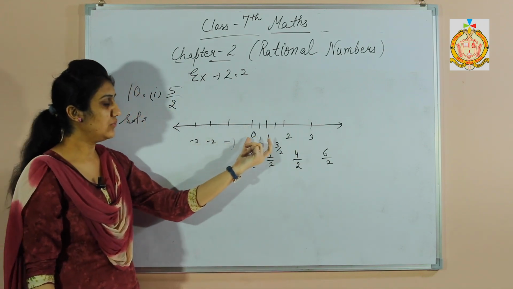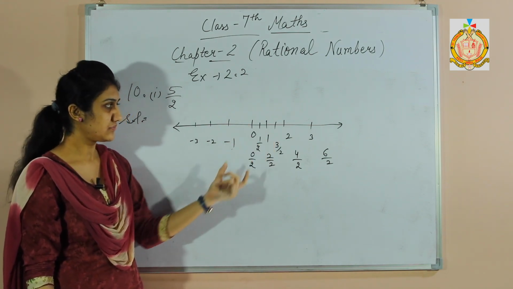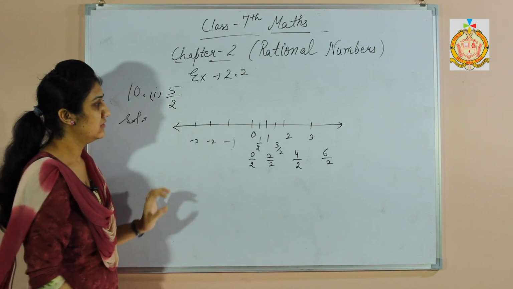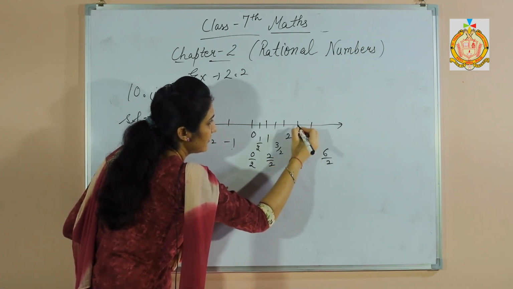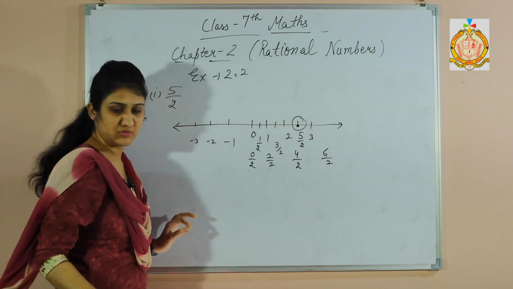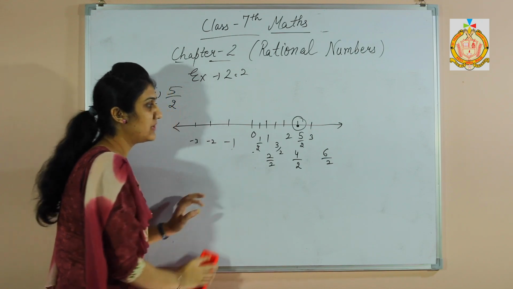Here between 0 and 1 we have taken 2 parts, and this number is 5 by 2. You can rub these terms because this is just to explain to you.